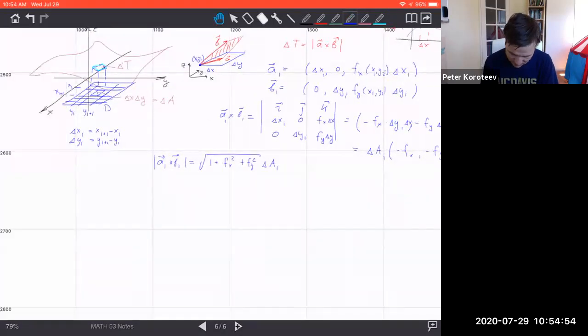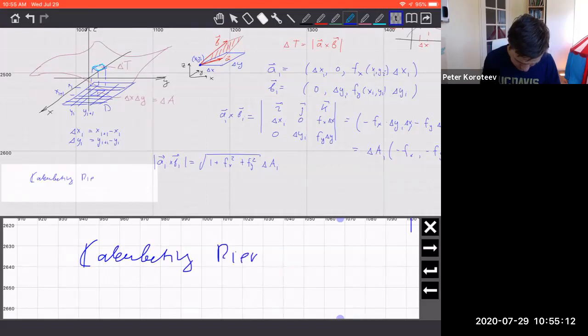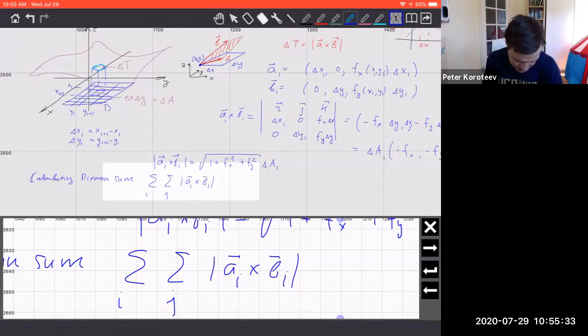And finally, we need to take the limit and integrate. So we'll compose the Riemann sum over all i and all j from the respective partitions, of a_i cross b_i. Actually, I have to correct a bunch of things.